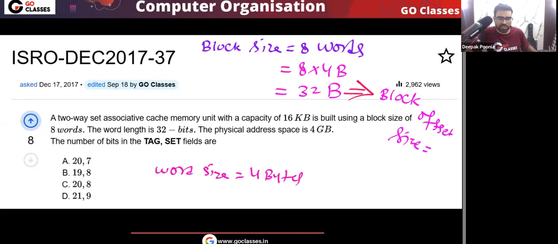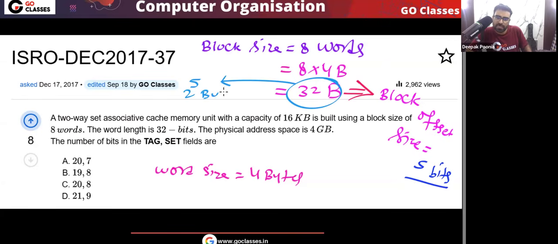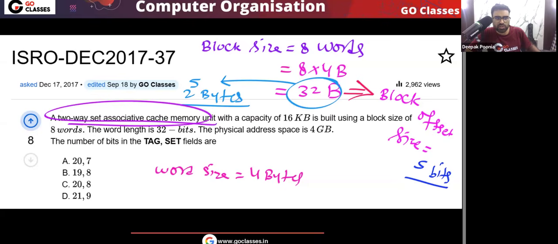The block offset size will be only 5 bits, because 32 means 2 power 5 bytes. So the number of bits required for block offset will be equal to 5 bits. And we have a set associative cache.